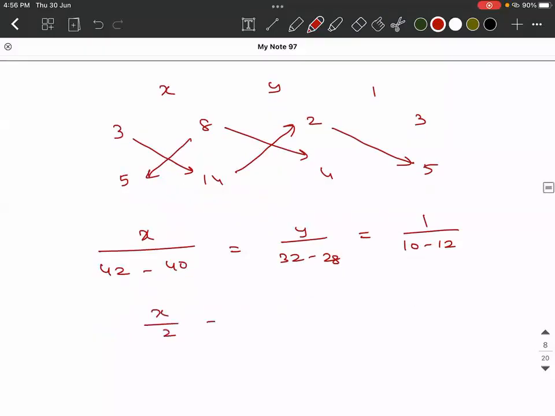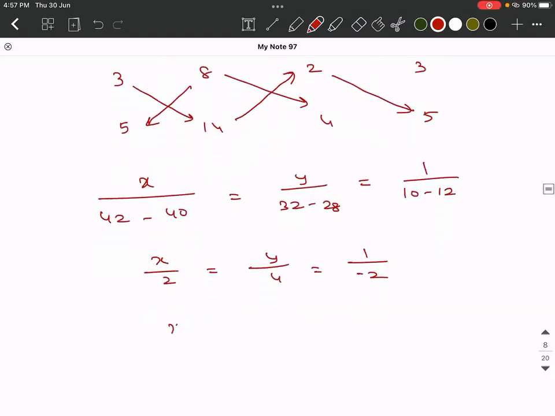So x divided by 2 is equal to y divided by 4 is equal to 1 divided by minus 2. So x is equal to 2 divided by minus 2, which is minus 1. Y is equal to 4 divided by minus 2, minus 2. Now you tell me, is it plenty?